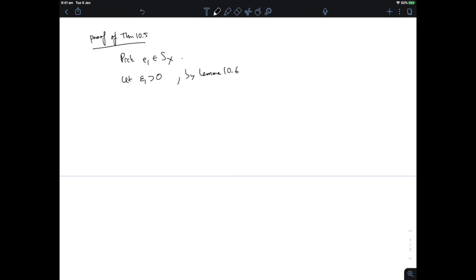With the lemma, we can find a vector E2 in the unit sphere of x such that for all lambda 1, lambda 2 in R, the norm of lambda 1 E1, an element of the one-dimensional space generated by E1, is smaller or equal than 1 plus epsilon 1 times the norm of lambda 1 E1 plus lambda 2 E2. We add this direction E2 to the one-dimensional subspace Y, which is the span of E1.